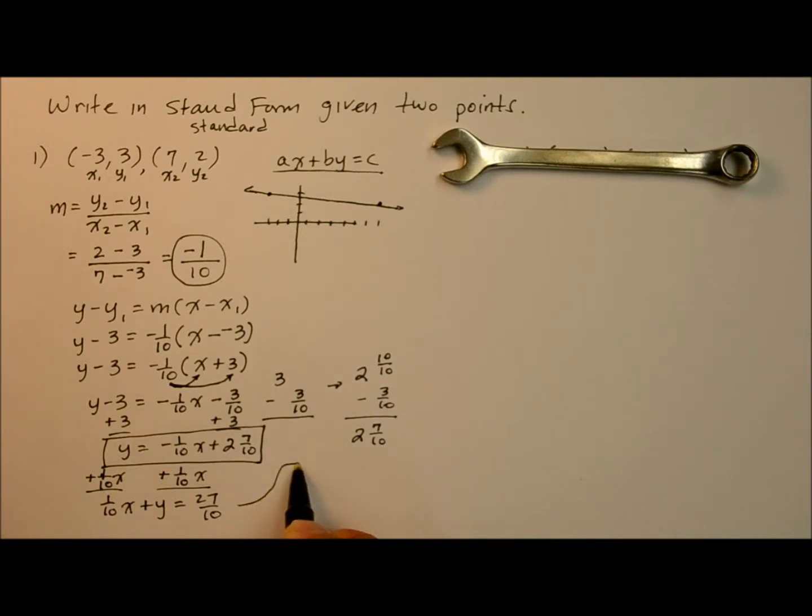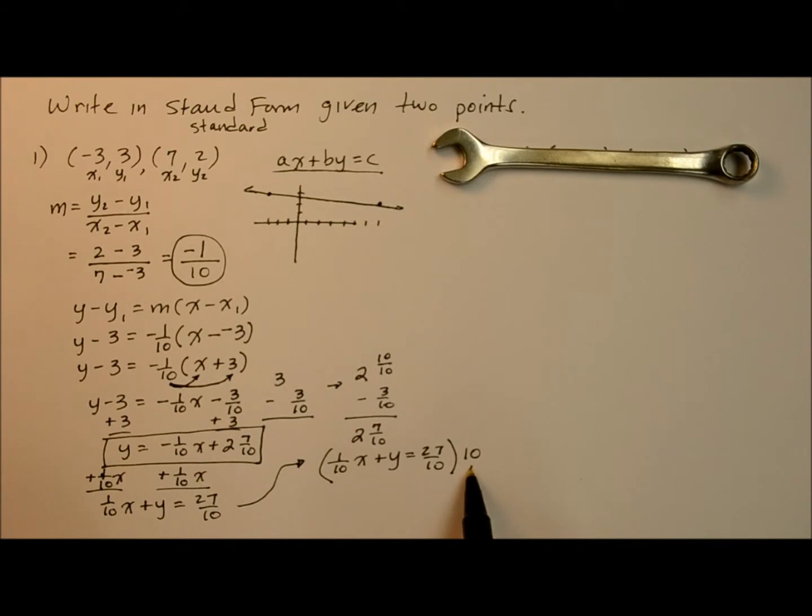I'll come over here. We're running out of space. Since we have 1 over 10x plus the y is equal to 27 over 10, ask yourself, what is the denominator here? And that's 10. So the trick is, multiply the entire equation by that denominator.